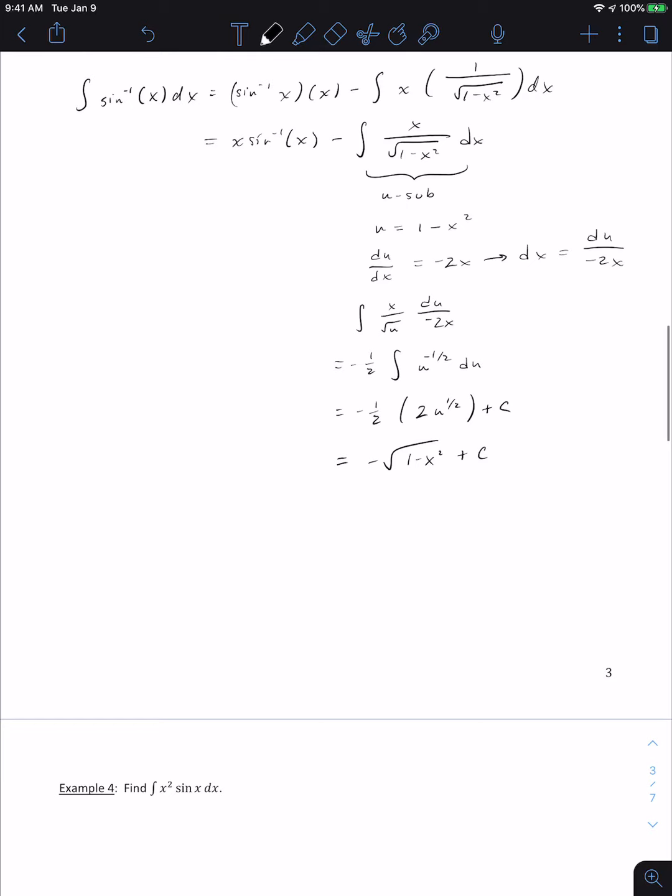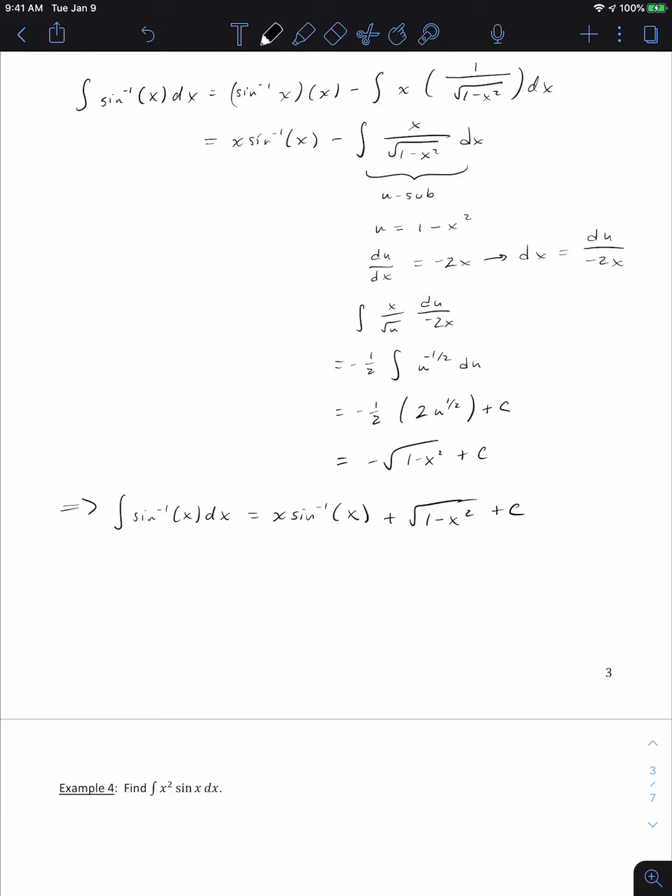Right? So my final antiderivative was the integral of sine inverse of x dx is equal to x sine inverse of x minus, right? I've got two minus signs, so plus the square root of 1 minus x squared plus c.